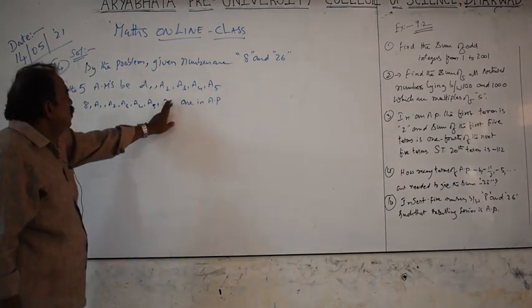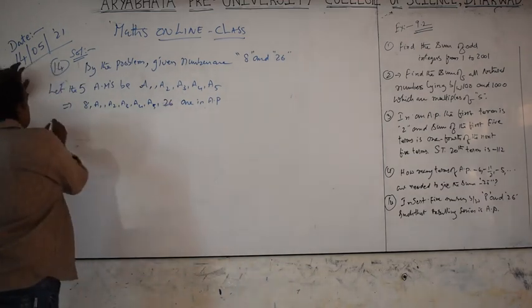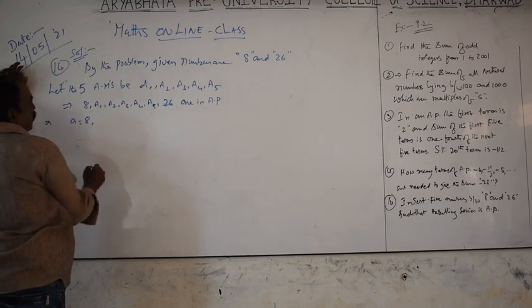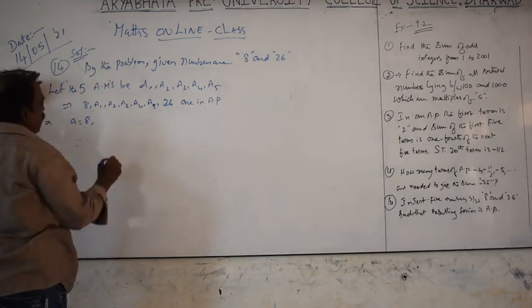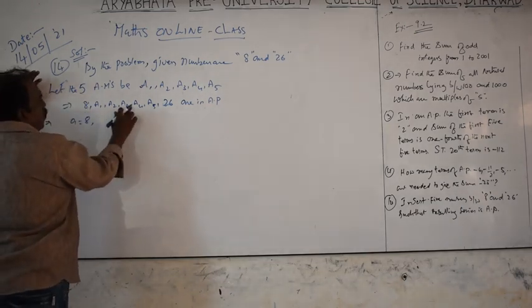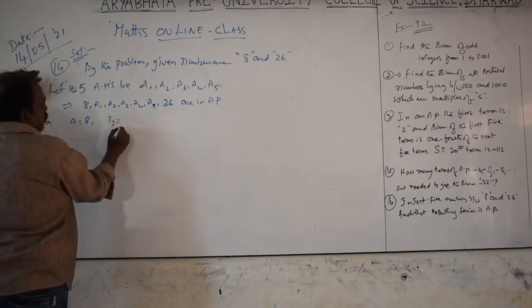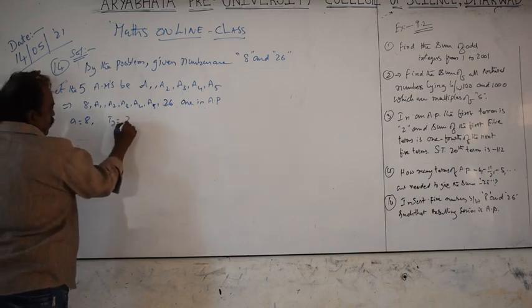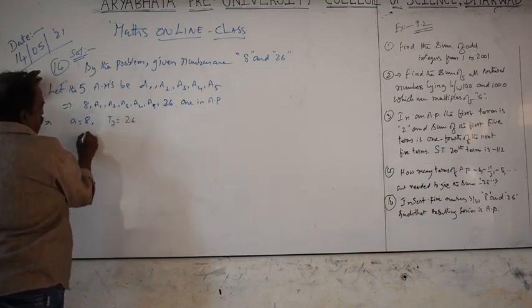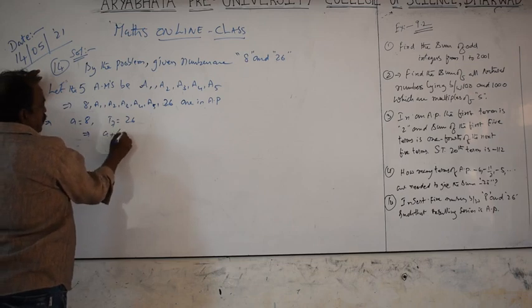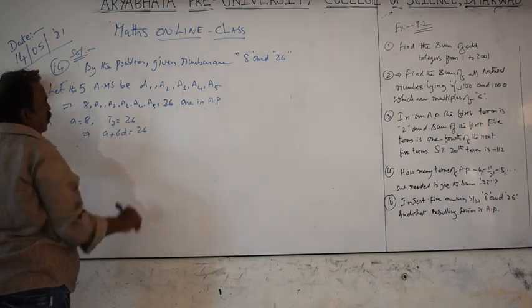Here A is equal to 8, the first number. Counting 1, 2, 3, 4, 5, 6, 7, T7 is equal to 26. That implies T7, what is T7?